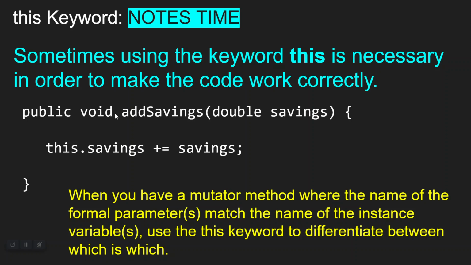Whenever that happens, whether it's a constructor or a method like this one right here, where you have to say this.savings += savings, when you have a mutator method where the name of the formal parameter or parameters match the name of the instance variables, the keyword this is necessary to differentiate between which is the instance variable and which one is the parameter.